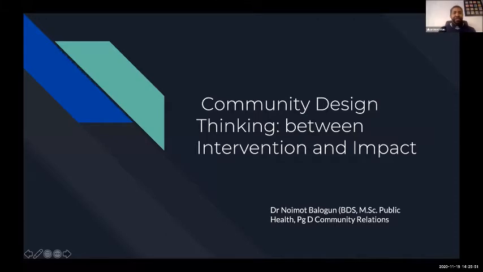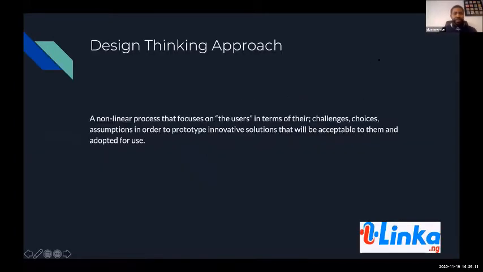Okay, so what is community design thinking? Thank you very much. I think the earlier speaker did a very good job in mentioning the different challenges that can come up with communities. Now, for design thinking, it's all about, now the first slide, please, Alan. Design thinking is all about the idea of developing non-linear innovations with the assumption that you're developing this for the beneficiaries.